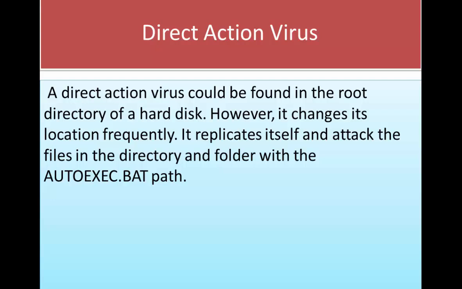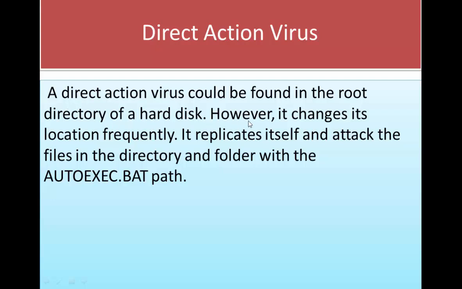So what is this? These viruses are found in the root directory. Root directory is the topmost directory where the program loader is installed. Or you can say this is a very important directory of the hard disk where the bootloaders and other important operating system software files reside.